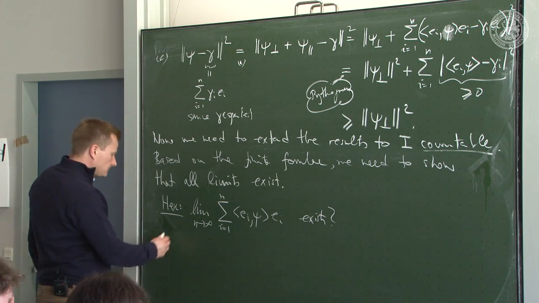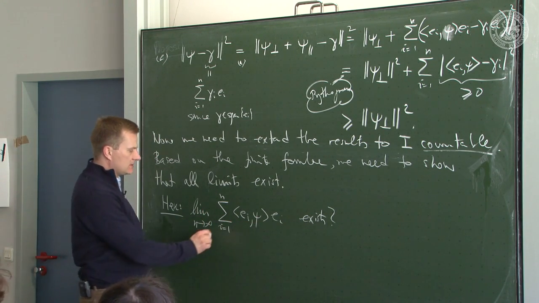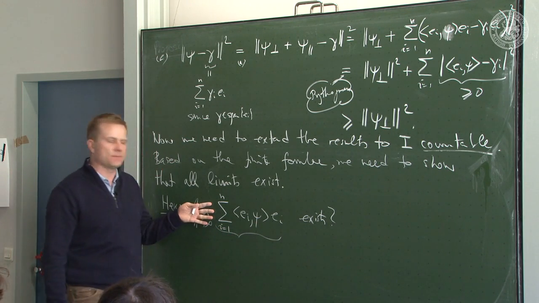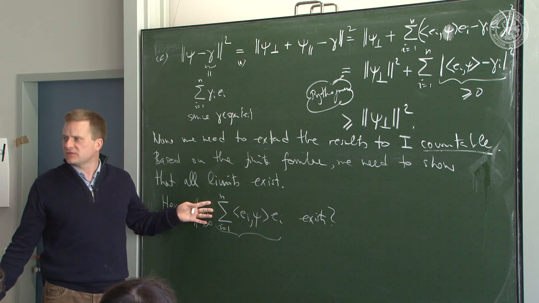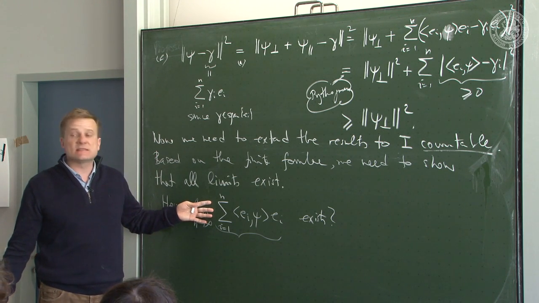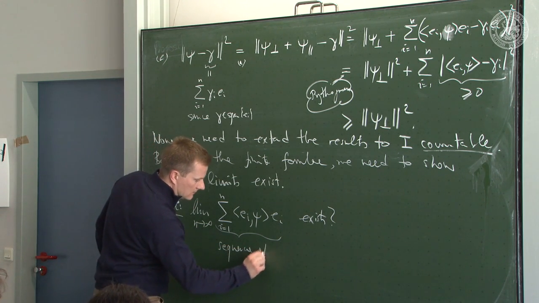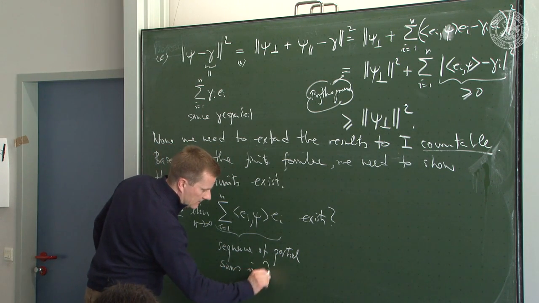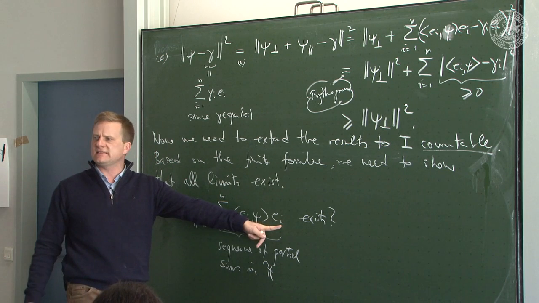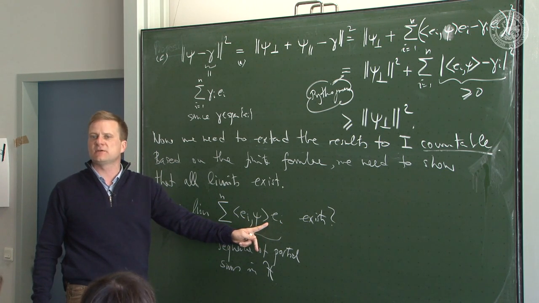Well, when do we know whether a sequence, so this is the sequence of partial sums, converges? If it satisfies the criterion for convergence. However, this is a sequence of partial sums in our Hilbert space, right? So do I need to show convergence, or is it sufficient to show that this is a Cauchy sequence?